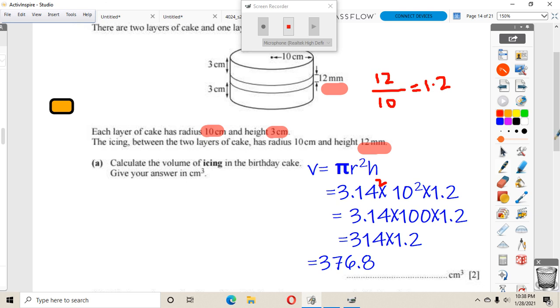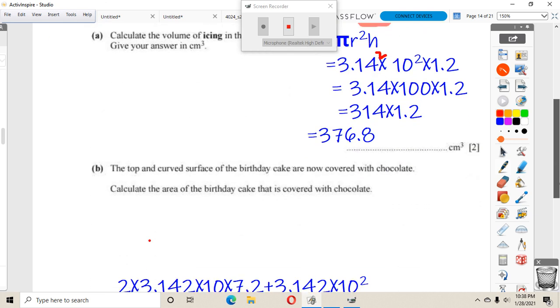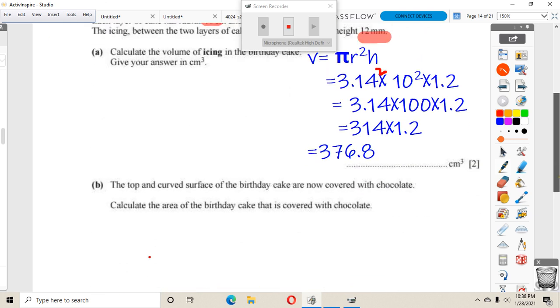Okay, after that we have another part, part b over here. The top and the curved surface of the birthday cake are now covered with chocolate. Calculate the area of the birthday cake that is covered with chocolate.